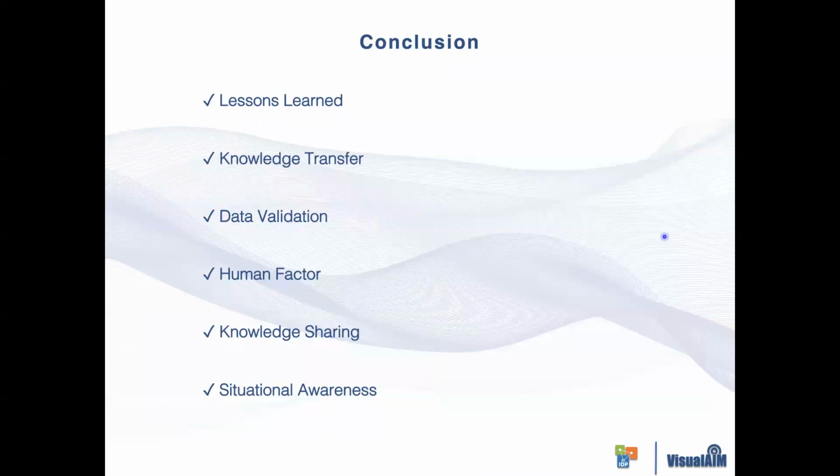So in conclusion, today we went over all of the lessons learned with respect to this data migration to our mechanical integrity system that we did across 8 sites, with the main point being the knowledge transfer that we want to make sure we transmit to our customer throughout the process, to increase the customer's confidence on both the mechanical integrity process being implemented and the technology itself.